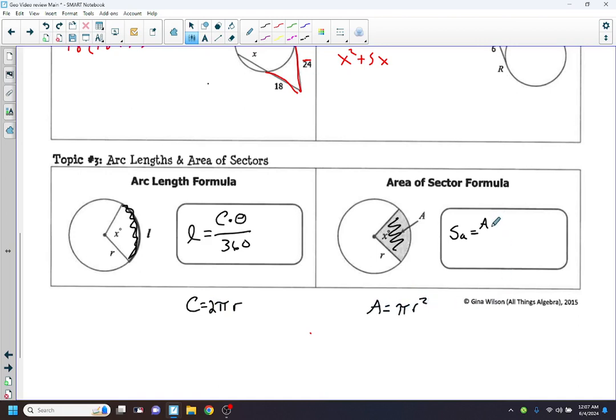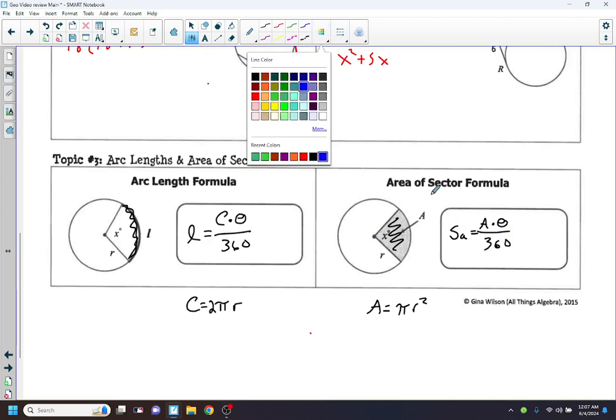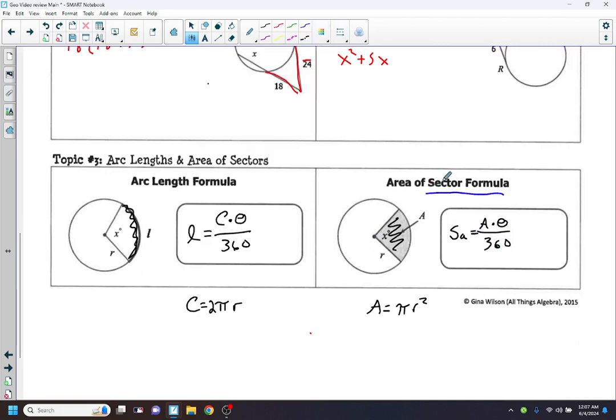So it's the area of the circle times my angle, whatever theta or x degrees is, over 360. Just notice if I ask for the sector area, you use area. If I ask for the arc length, or the length of the curve, you use circumference. Otherwise, it's the same formula.